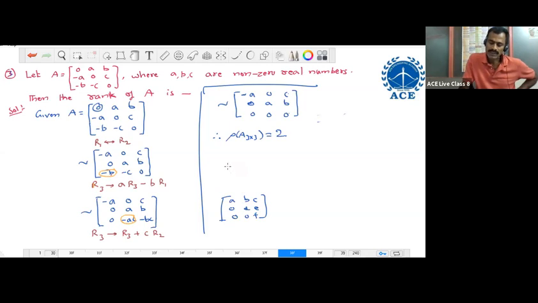Suppose the matrix is like this, I write particular elements: 2, 0, 4, 0, 0, 7, 0, 0, 8. It is an upper triangular matrix, but not in echelon form.